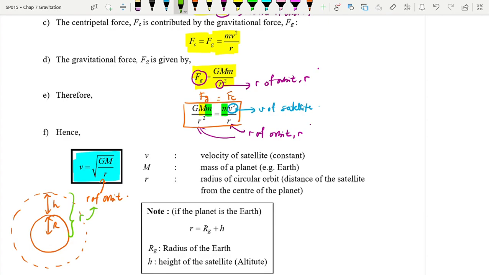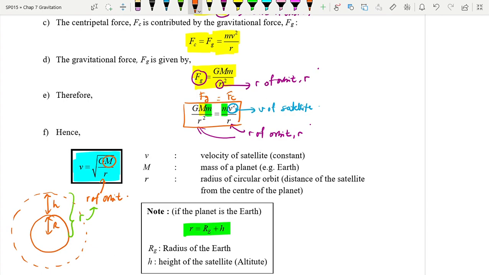Height tu kadang-kadang kita gunakan term untuk altitude. Altitude mesti measured from the surface of the planet. Okay, so yang lain-lain saya rasa dah faham lah. Cuma kena betul-betul highlightkan tentang r tu. Dan lagi satu, kalau perasan dalam formula velocity of satellite pun masih menggunakan mass of planet.